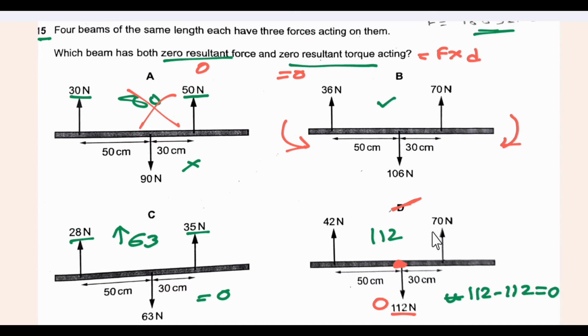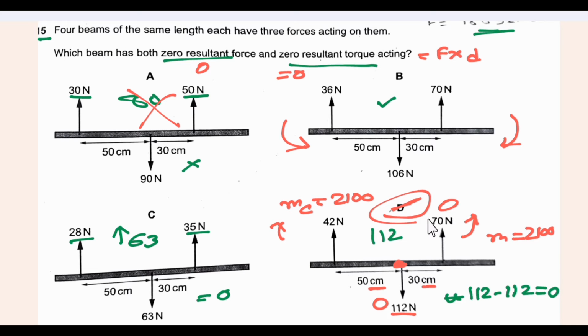The 70 Newton force exerts a force upwards, so this is an anti-clockwise force, and its moment is 70 into 30, that is 2100. For the clockwise moment, it would be 42 into 50, that is 2100. So the clockwise moment is equal to the anti-clockwise moment, so the resultant moment is 0. Also, as both the distances are given in centimeter, we do not need to convert them to meter. So this is fine, and the answer should be D.